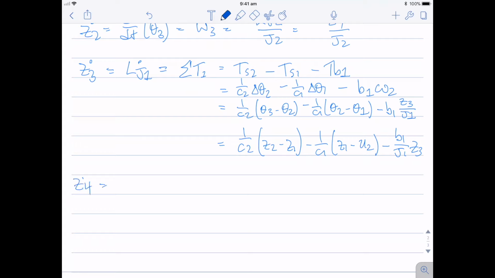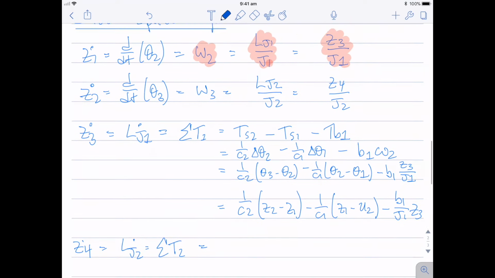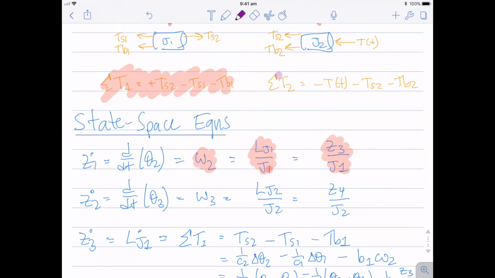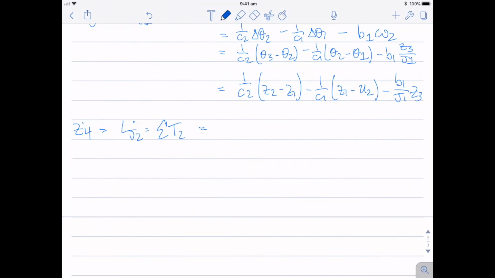Z4 dot is LJ2 dot, which is the sum of torques acting on inertia 2. So now we've got some more torques to write out. If we have a look, we already did this one when we did our free body diagram for that inertia. It's minus T of T minus TS2 minus TB2.